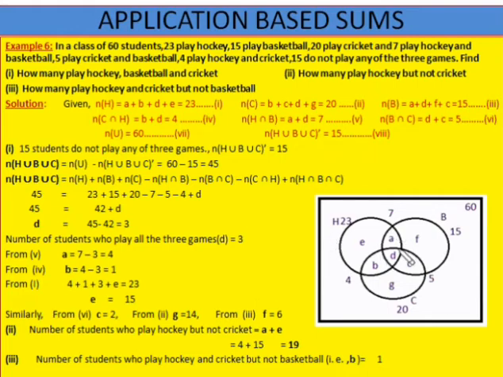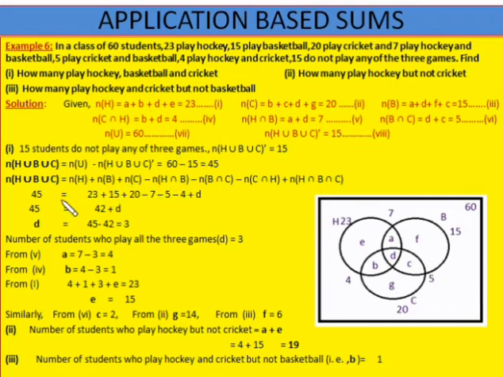Here we represent all these things by English alphabets, and D is the common part of these three sets, and A is the common part between H and B, and B is common between H and C. C is common between B and C. In this way we represent here, A plus B plus D plus E is equal to 23, like that we denote it.